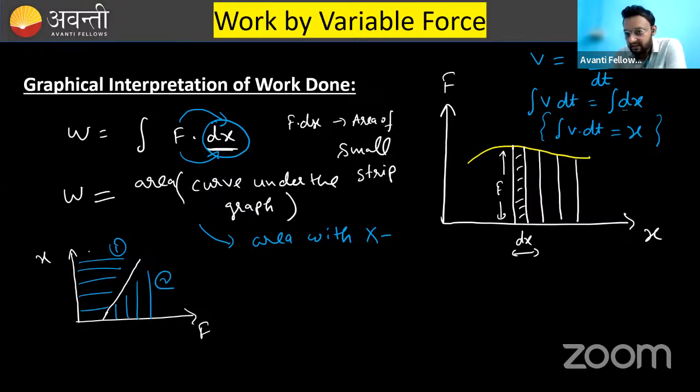Integration means area, so the velocity-time graph with the time axis gives displacement. I'm repeating it once again: the area of the velocity-time graph with the time axis will give displacement. Can you read these things?